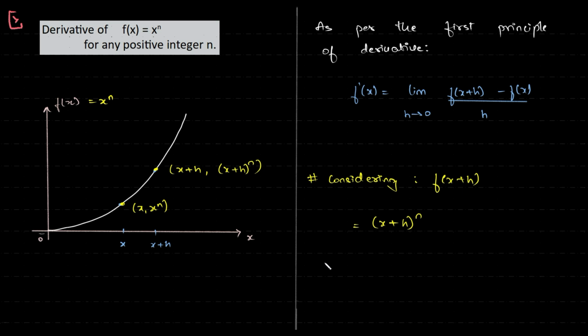How will we expand it? Using our binomial expression a plus b whole to the power of n. We need to write the formula a to the power of n plus nC1 a to the power of n minus 1 into b to the power of 1, and the last term is b to the power of n.